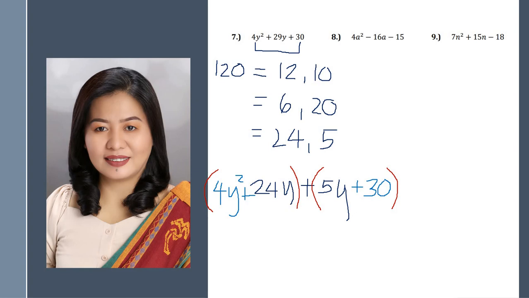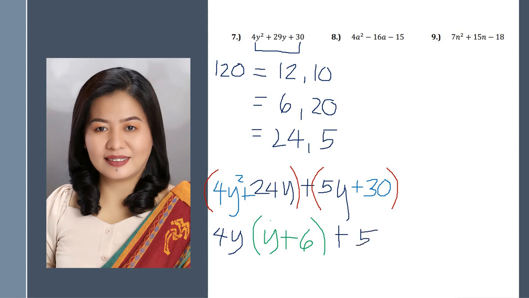So the common factor is 4y. Okay, change to a different color. 4y, so y plus 6, plus the common factor is 5.